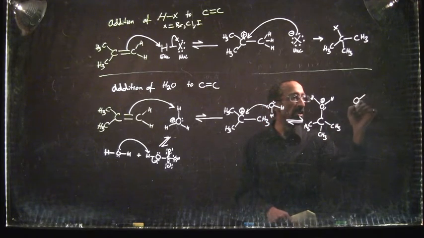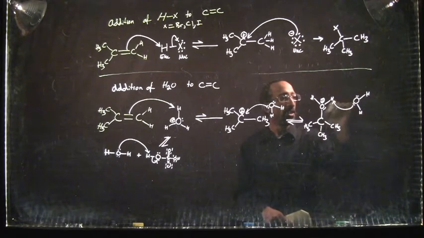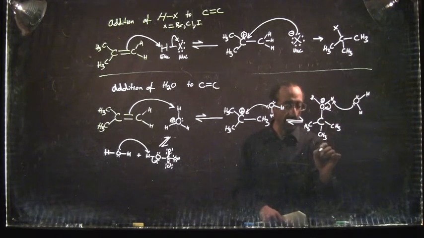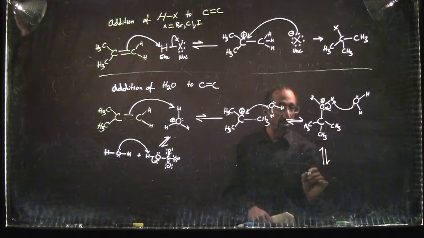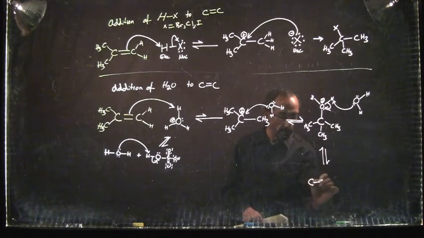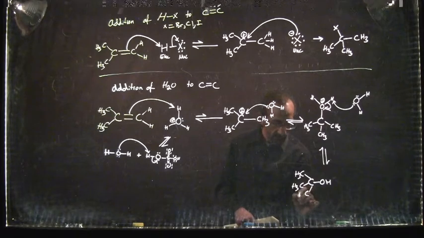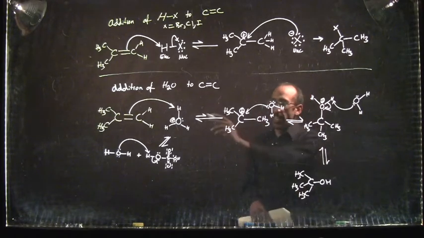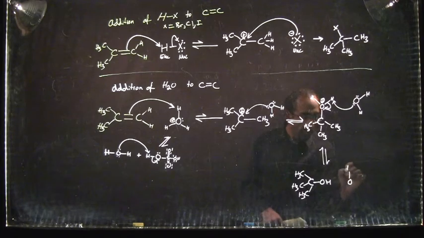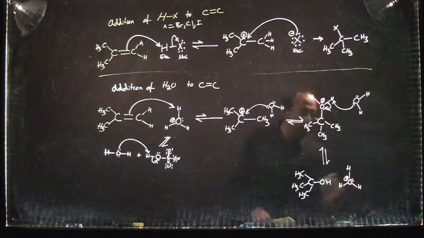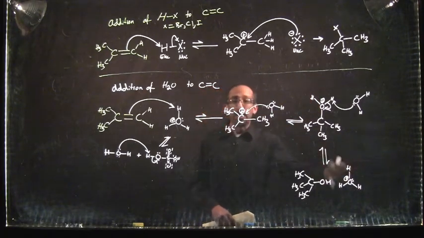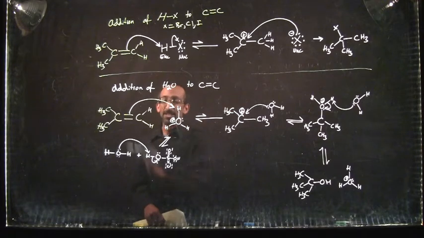Another molecule of water can come along to serve as a base, deprotonating that oxonium. That's going to give us our product alcohol, and regenerating H3O plus so that this new molecule of H3O plus can come back to the start and repeat this cycle.